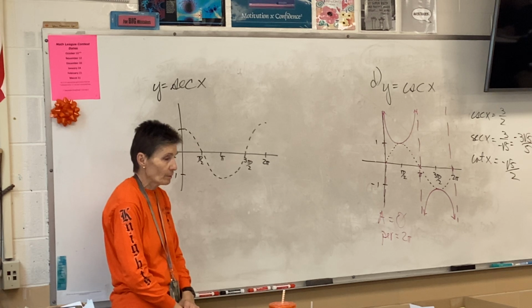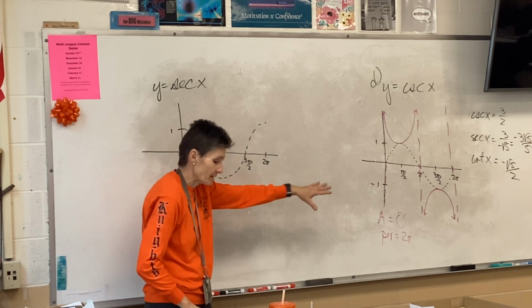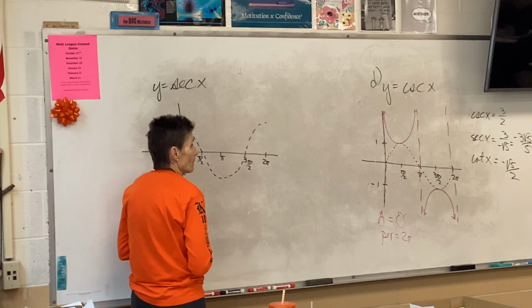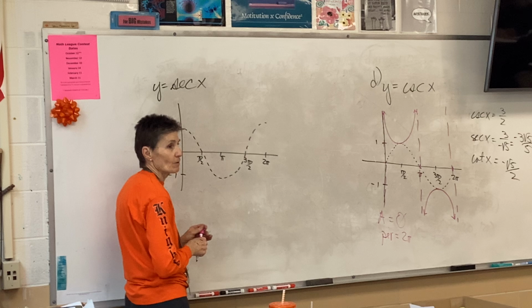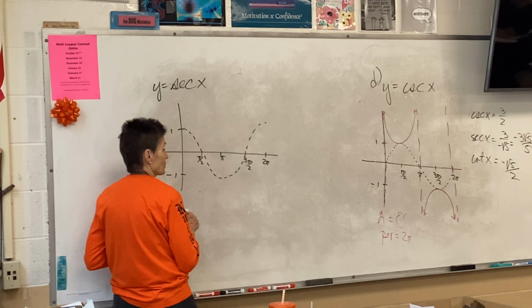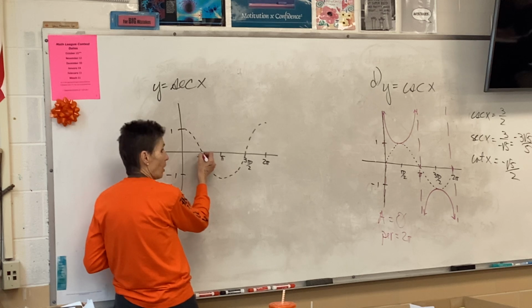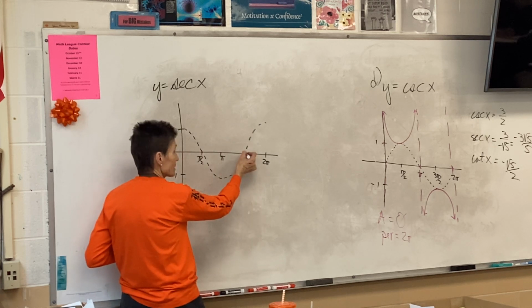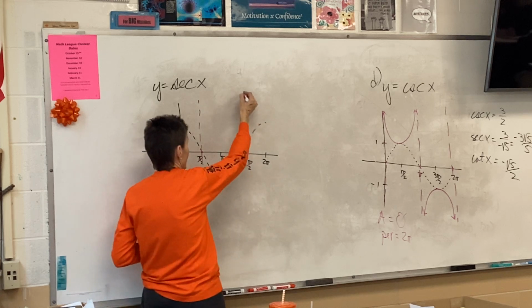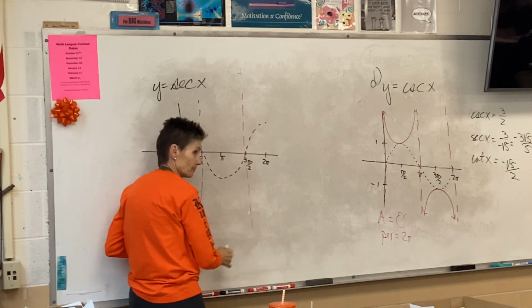Now, who remembers, once I graphed my sine, what was my next move? Well, I did something else first. I just put in the asymptotes. And where do the asymptotes go? Where you cross the axis. So there's going to be an asymptote here and an asymptote here.